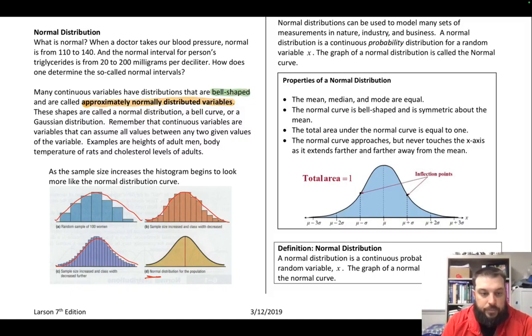As your sample size increases, the bin width, our class widths, decrease and the shape becomes a whole lot more like this normal distribution.